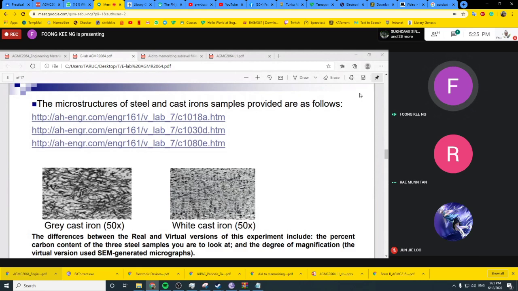Some of your seniors gave me five, six, seven, eight references from different sources, such as a published paper, a conference proceeding, or a journal. It doesn't mean the more references you have, the more marks you get, because the references you use must be relevant and go hand in hand with what you explain in your discussion and introduction. Is that clear? Yes, Miss. Thank you. Any more questions?